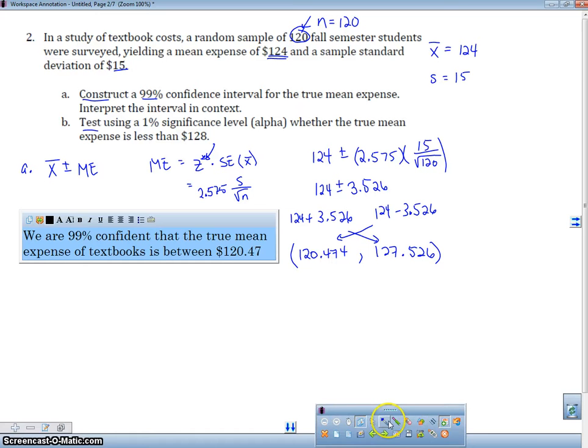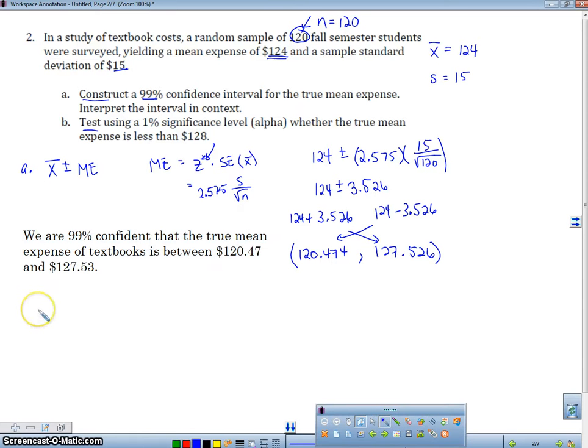All right, so let's look at letter B. This one will be the last one that I do on this video, and then I'll start the next one on the next video, okay? So we're going to use a test whether the true mean expense is less than 128. So the first thing we do is write our hypotheses.